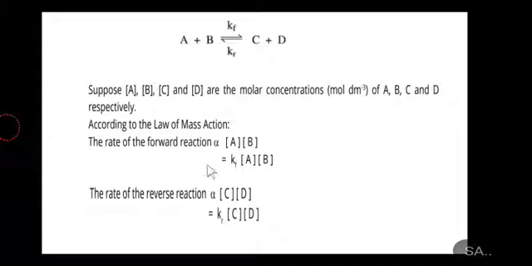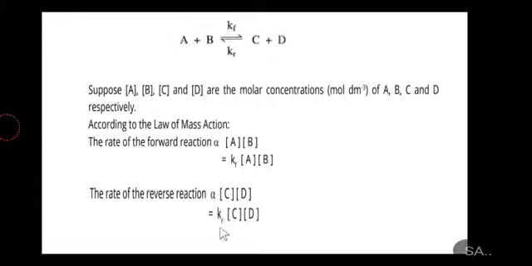So rate of forward reaction is equal to the rate constant of the forward reaction times the product of molar concentrations of A and B. Similarly, the rate of reverse reaction is directly proportional to the molar concentrations of C and D. And whenever you replace this sign, you have to put a constant. So this is the rate constant of the reverse reaction times the product of molar concentrations of C and D.